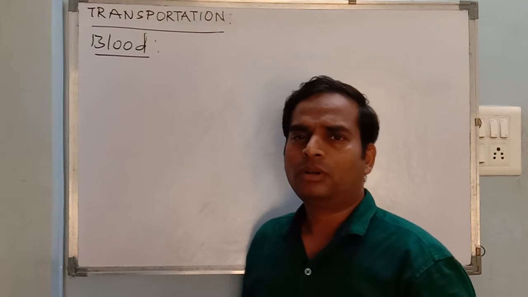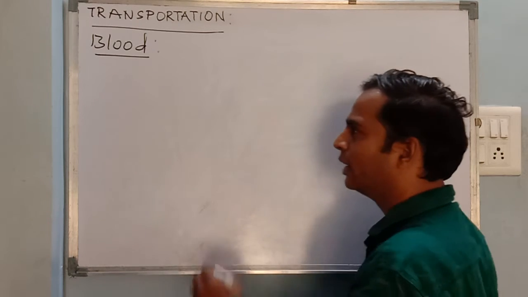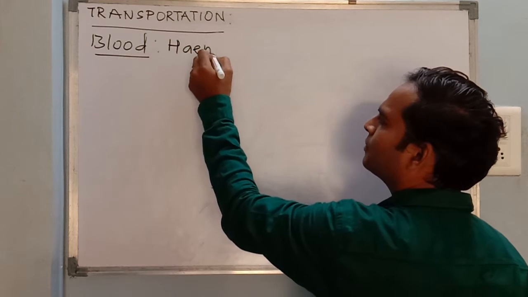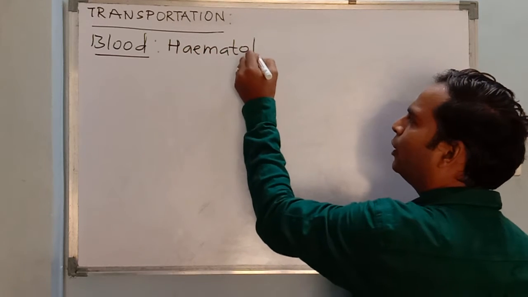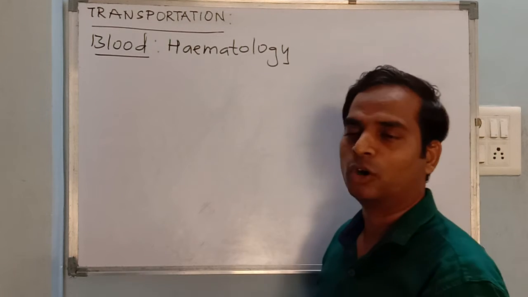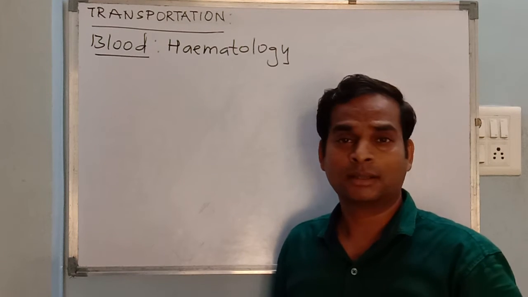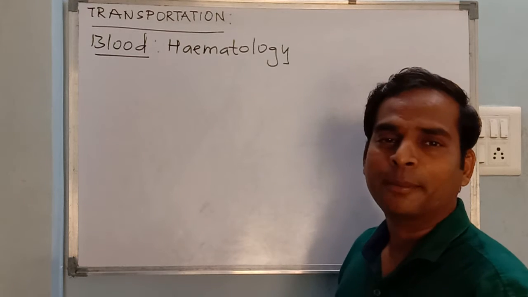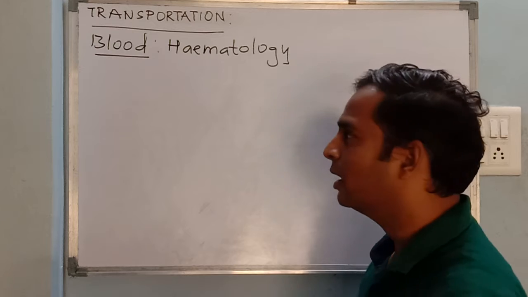Now when you talk about blood, you should know that the study of blood and its components together is referred to as hematology. Now what is this blood made up of?